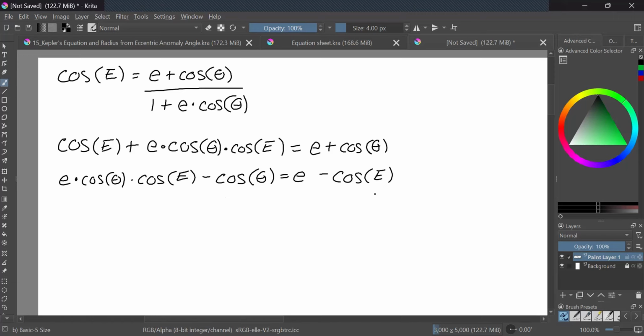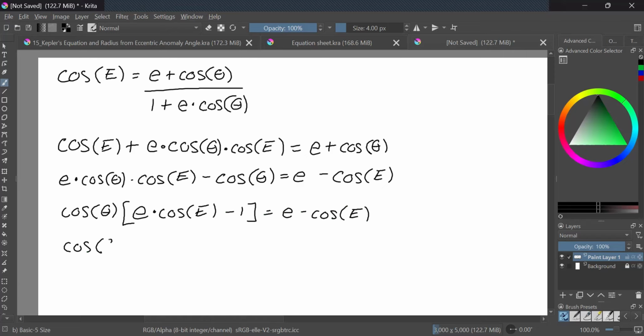So we will take out the cosine of theta, and just for my own peace of mind, I'm going to go ahead and write the rest of it times the eccentricity times the cosine of the eccentric anomaly angle minus 1. That's going to be equal to the eccentricity minus the cosine of the eccentric anomaly angle.